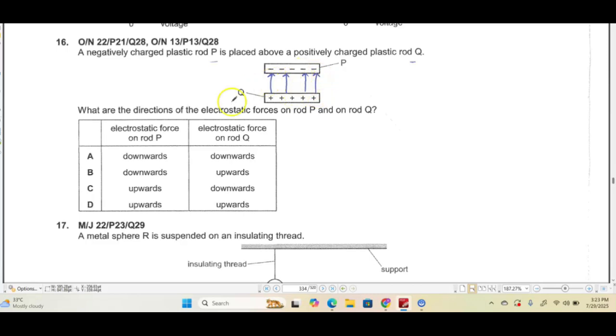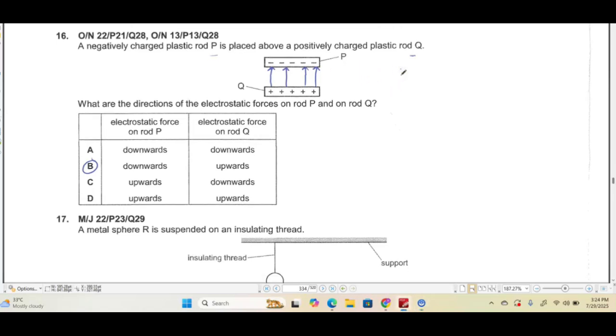So the electrostatic force on rod P is going to be acting upwards and this is going to come down, so this is going to act downwards. This one is pulling it down, the electrostatic force, and Q.